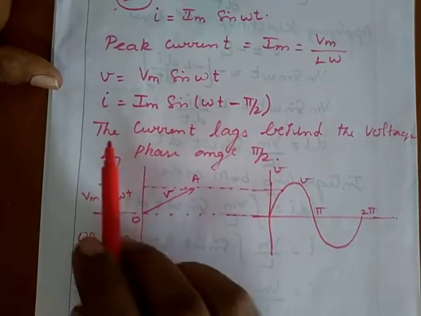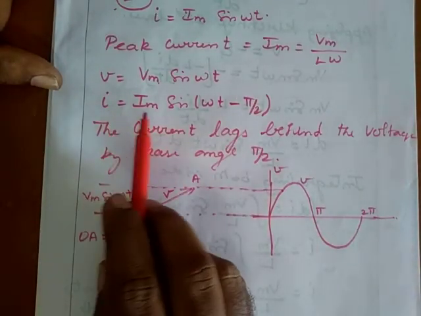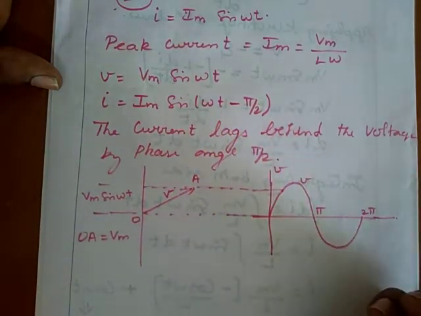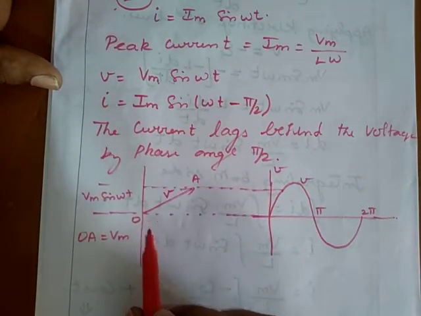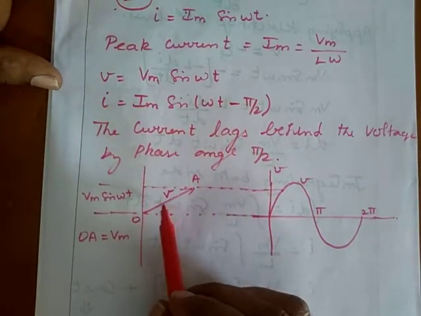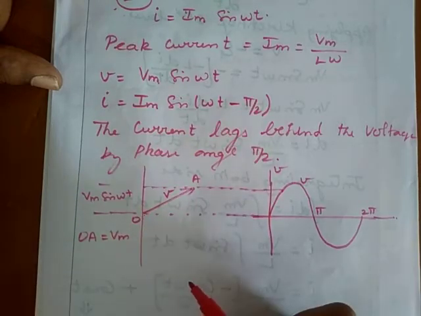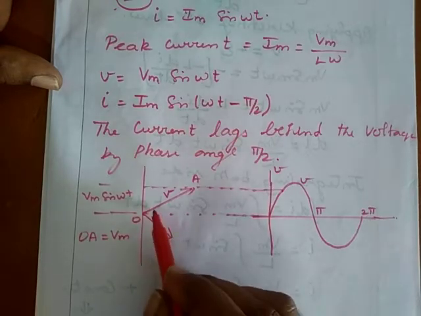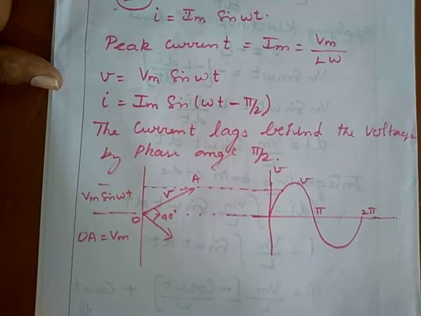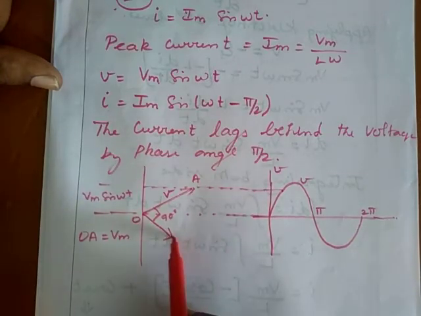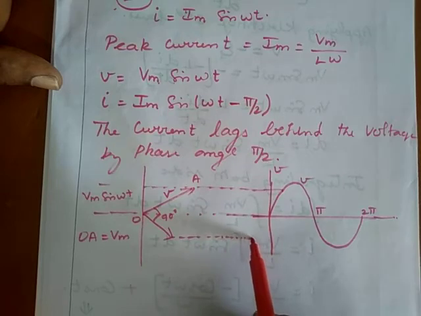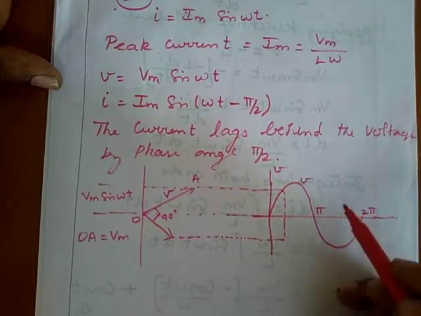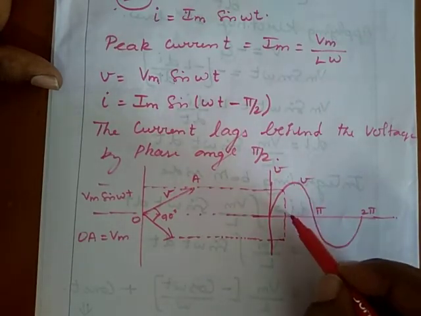Then in order to draw the current, I = Im sin(omega t minus pi/2), the current is minus pi/2, so the current lags behind by phase angle pi/2, that is 90 degrees.